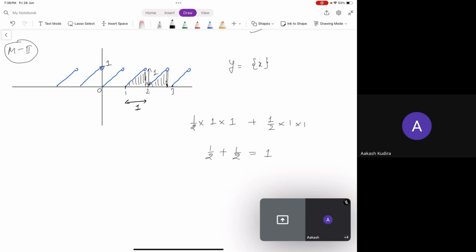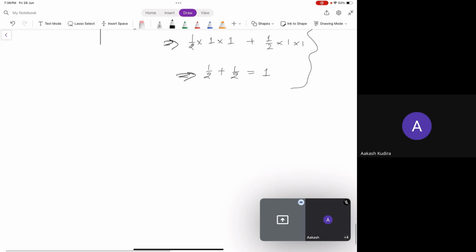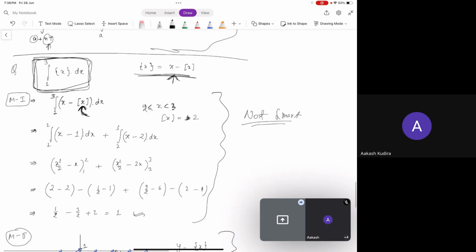So this kind of method is very, very good, but the condition is you should know the graph. If you don't know the graph, you can't do this. If you know the graph, you can solve it like this, very simple. Now method 3 is this property.